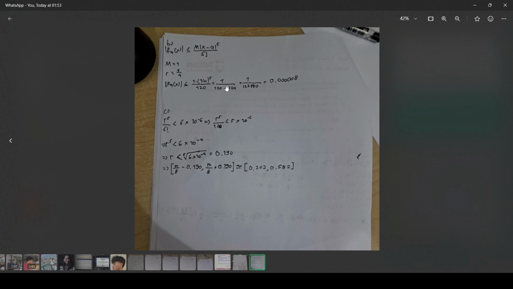From here we form the interval pi over 8 minus 0.190, comma, pi over 8 plus 0.190, and the values are 0.202 and 0.582. These two values are the interval around pi over 8.